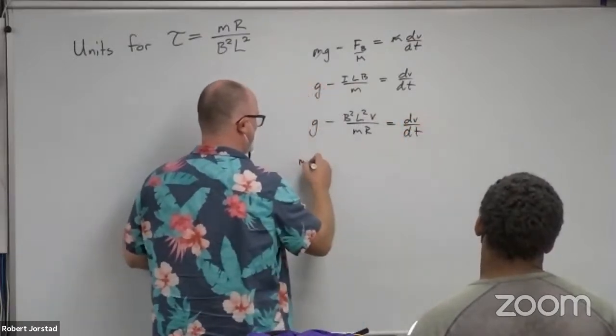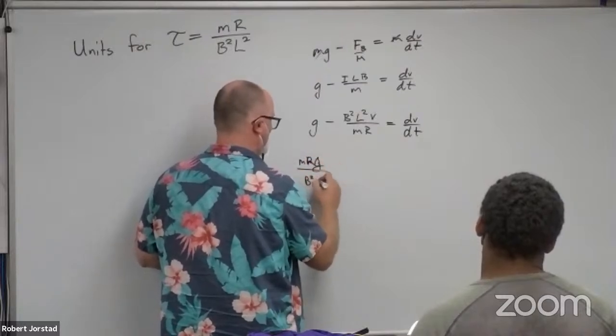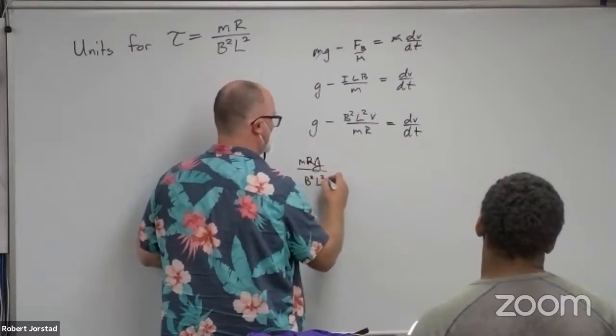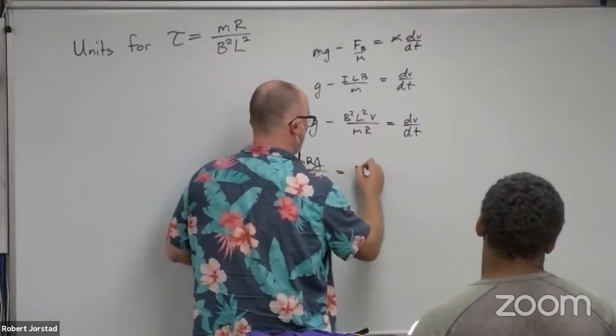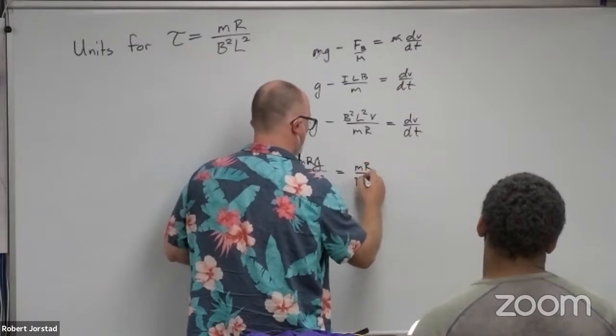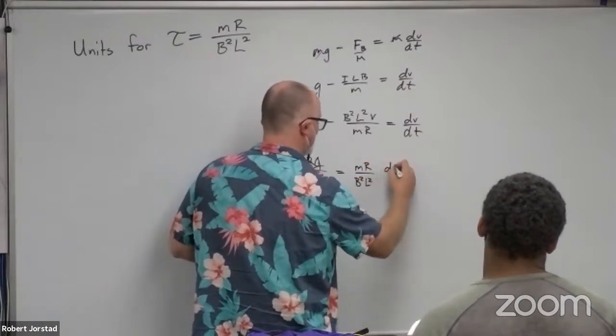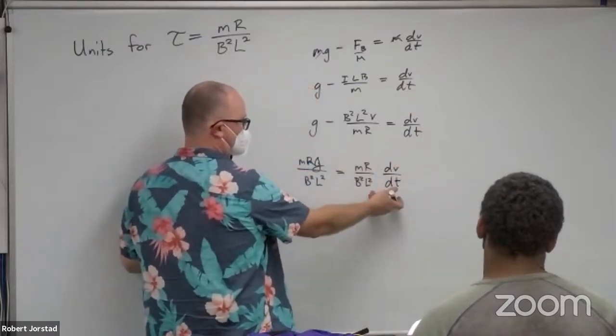So we get M R G over B squared L squared, and then we're going to get M R over B squared L squared dV/dt. So what's in the numerator must cancel that t, right?